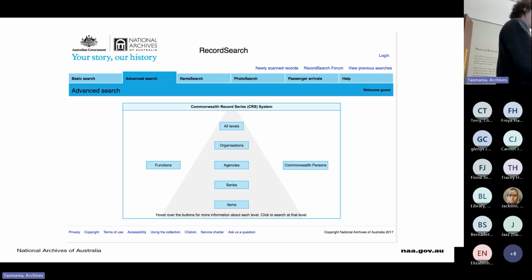This explains the journey of records into our custody and how they came to be. What happens is, government organisations create agencies who then create series, or consignments is another word we use, of records, which are then catalogued into items. These items are what you see when you pick out a record on RecordSearch.